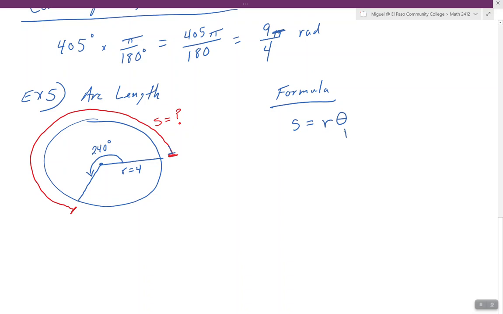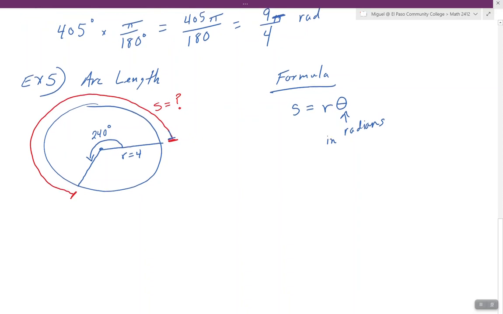Theta is in radians. Note that if r is equal to 1, then s would just be equal to theta, and the radian measure of theta equals the arc length in that case. So we know r is not 1 here. R is 4, so we'll have to plug in the values to find the answer.